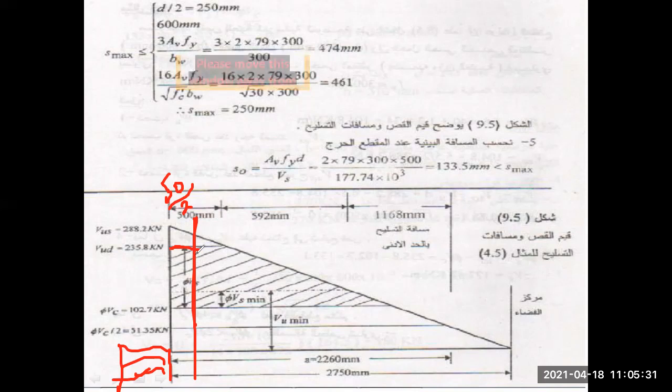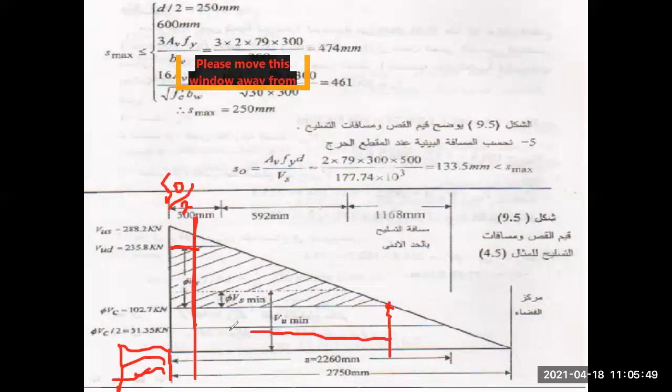Now I need to know how far I need to reinforce with the required amount of reinforcement. So what I do, I know that this is the zone where shear reinforcement is required. So what I do is I calculate this x1, okay?